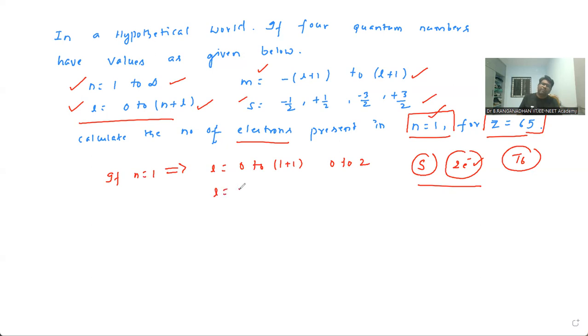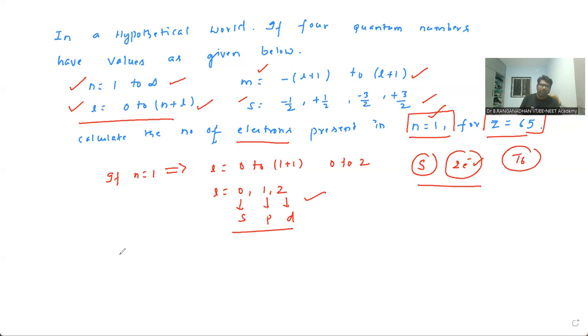If L equals 0, 1, 2: L equals 0 means s orbital, 1 means p orbital, 2 indicates d orbital. So how many electrons are present in these orbitals? That is your question. And next, the magnetic quantum number is also given: m equals minus L plus 1 to L plus 1.